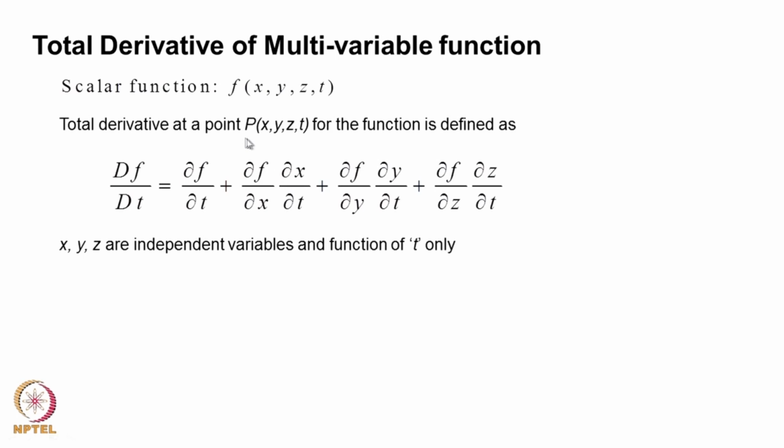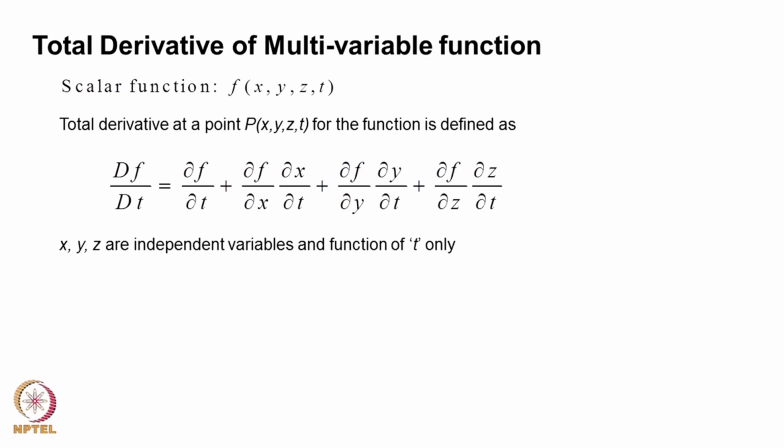For a function which is defined in x, y, z and t, one can define the total derivative of the function at a point P. This is defined as capital D of the function by capital D t, which is dou f by dou t plus dou f by dou x into dou x by dou t plus dou f by dou y into dou y by dou t plus dou f by dou z into dou z by dou t.